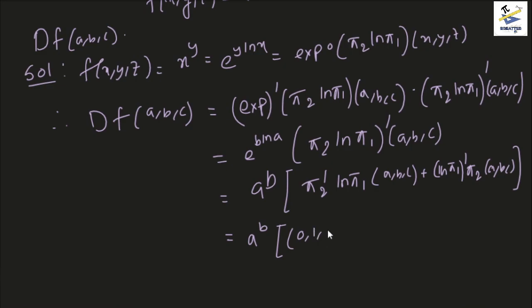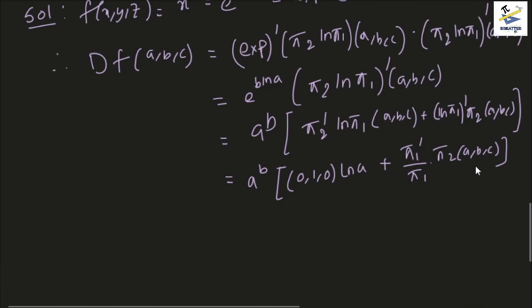is 0 comma 1 comma 0. Ln of pi 1 just becomes ln of a, putting in the value, and the derivative of ln of pi 1 is just pi 1 prime by pi 1 into pi 2 at the point (a, b, c), because the derivative of ln of f of x is basically f dash x by f x.